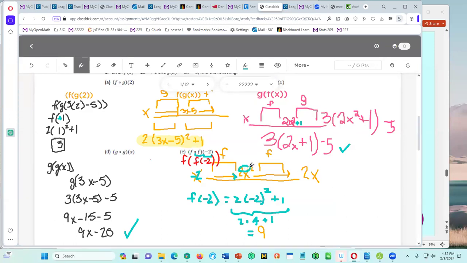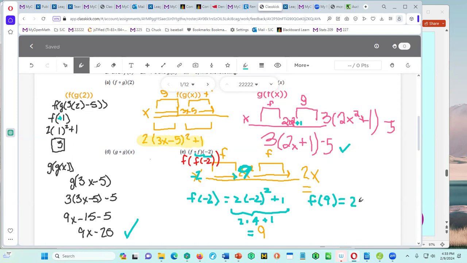Nine. Yep. Then we're going to take 9, run it back through F. So when we do that, we're going to take that 9, run that again through F. So that's going to be F of 9 now.